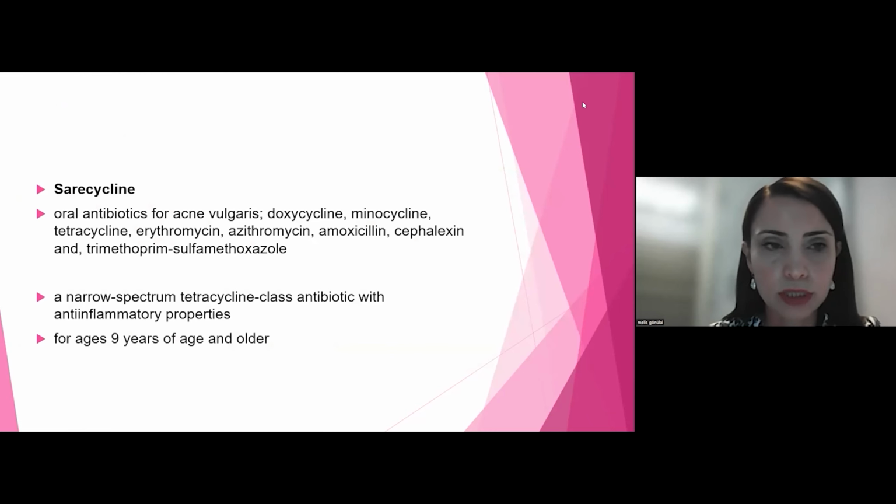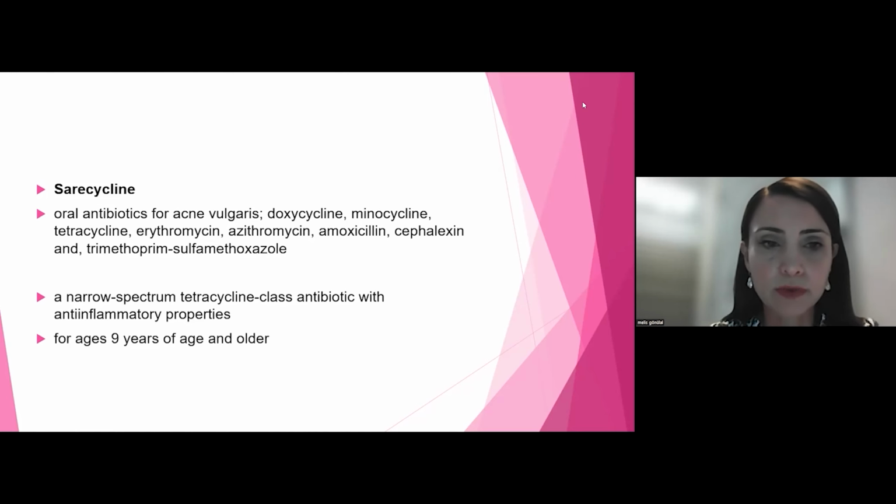We can use many oral antibiotics for this disease: doxycycline, minocycline, tetracycline, erythromycin, azithromycin, amoxicillin, cephalexin, trimethoprim, sulfamethoxazole, and we can use sarecycline now too.